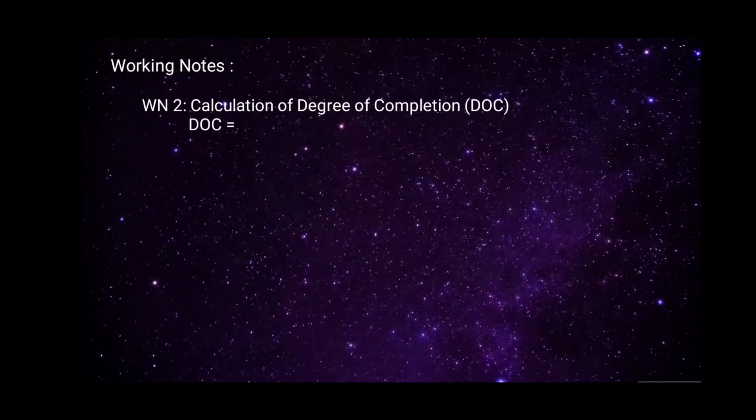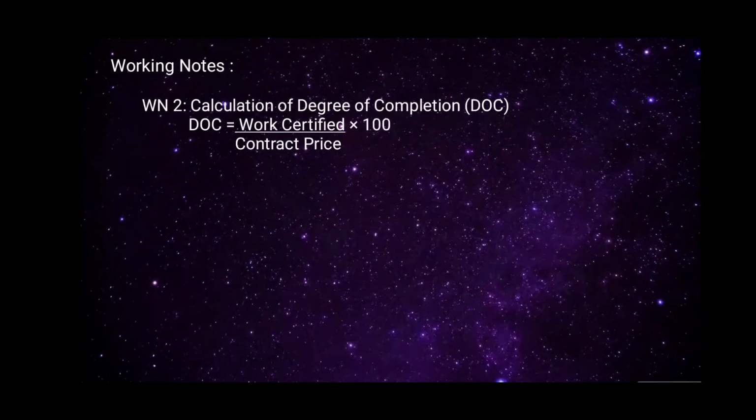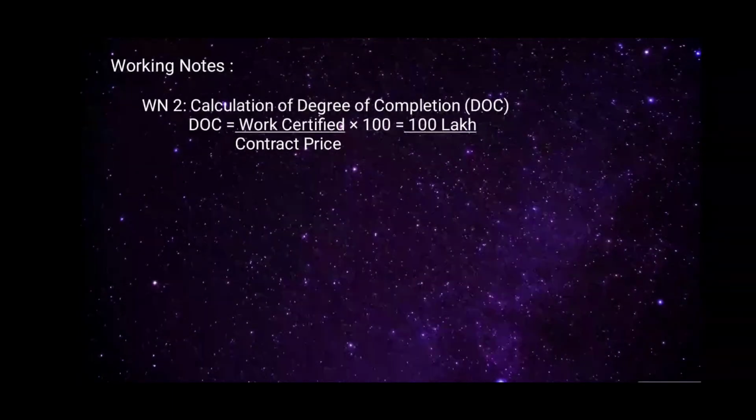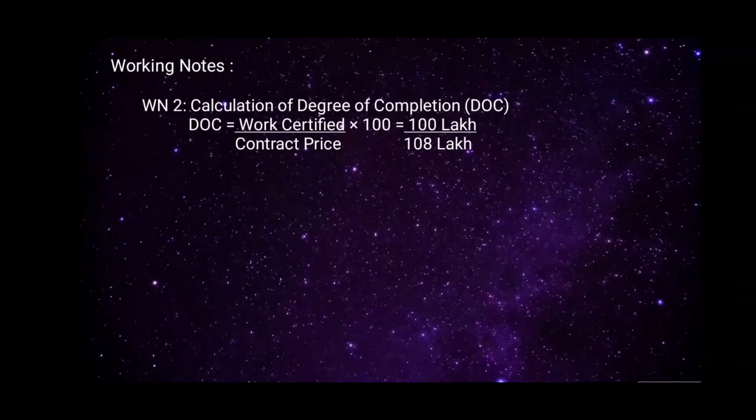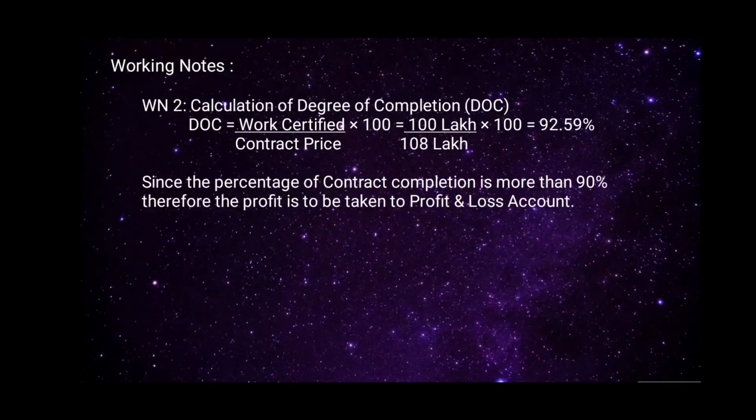So DOC is equal to work certified divided by contract price into 100, which is equal to work certified amount 100 lakh divided by contract price, that is 108 lakh into 100, which will be equal to 92.59%. Since the percentage of contract completion is more than 90%, therefore the profit is to be taken to profit and loss account.